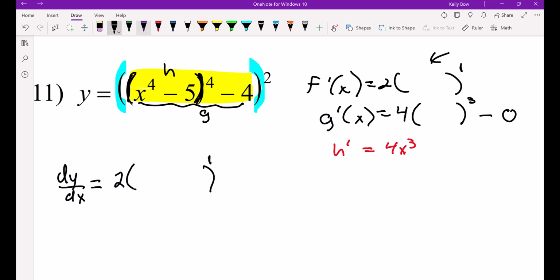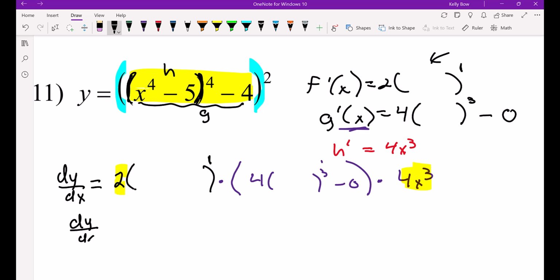Now we're going to multiply that by the derivative of the g function, and we're going to multiply that by the derivative of the h function. So everything that's on the outside, we're going to simplify, and we're going to bring down all those inside functions.